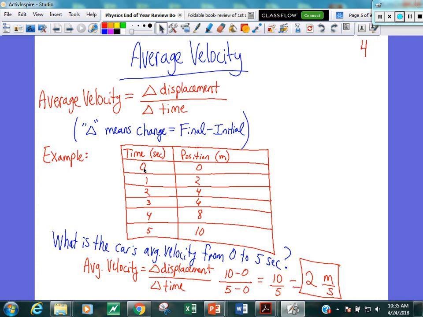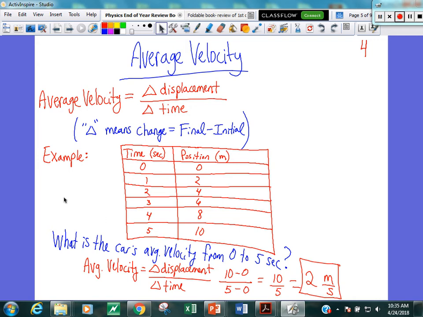And it goes from 0 seconds, 1, 2, 3, 4, 5 seconds. For the position column, title it position. We're measuring position in meters. And we're starting at 0 meters. We go to 2, 4, 6, 8, and finally 10 meters will be our final position.